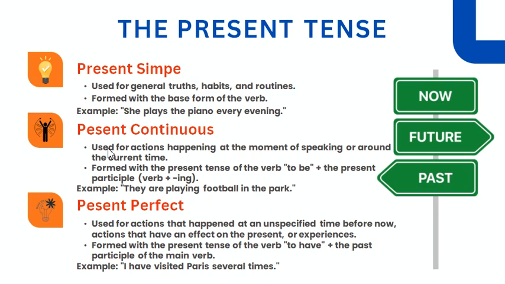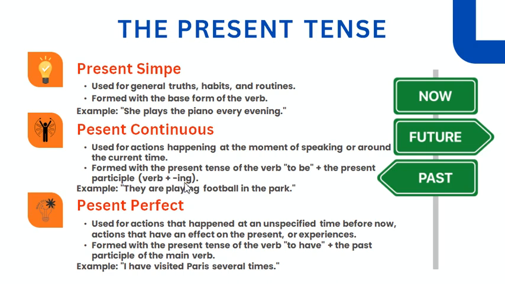Present continuous is used for actions happening at the moment of speaking or around the current time. The difference between simple present and present continuous is that from the word continuous you can understand there is something going on. So if you want to express what's going on right now, you have to use the continuous form, using the verb to be plus ing on the verb.